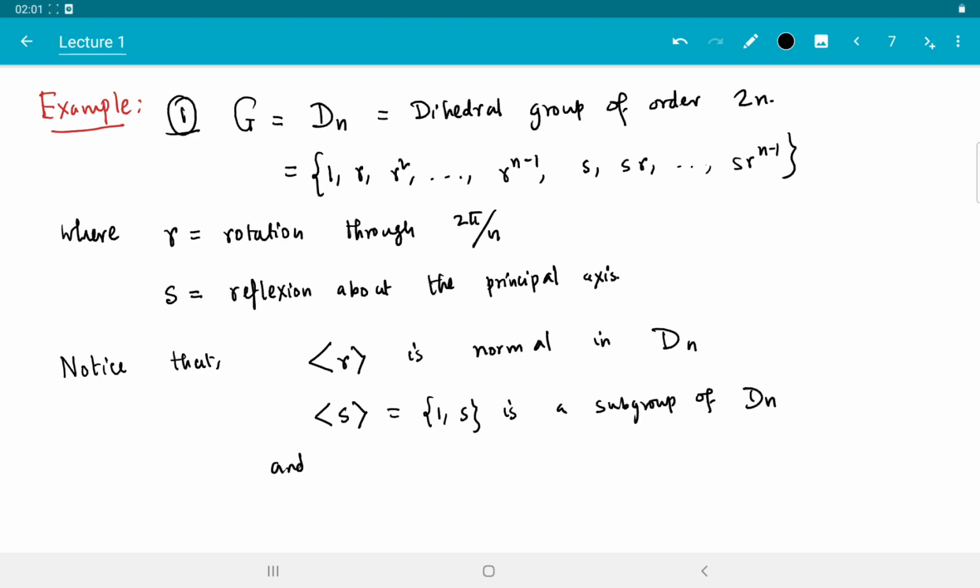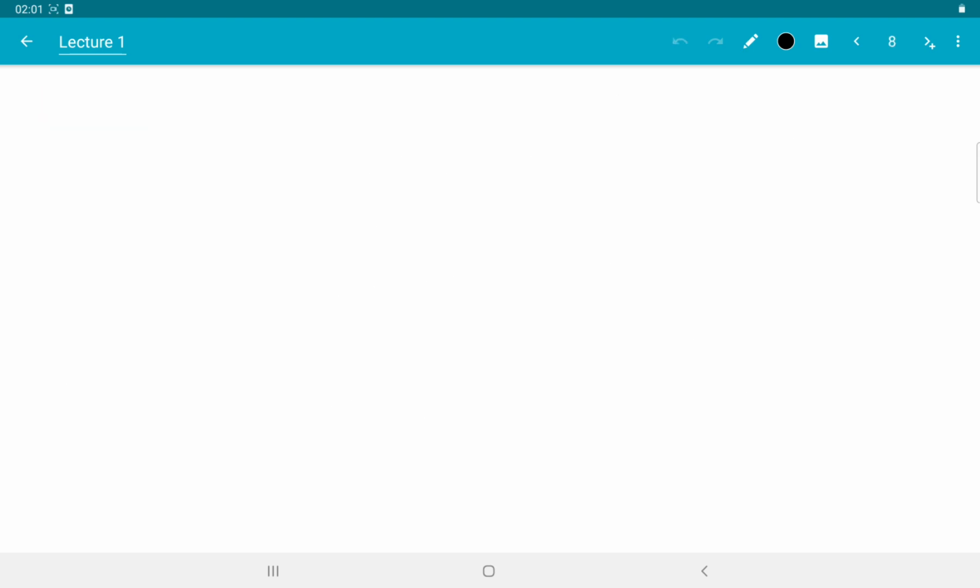And it is easy to check that every element of Dn can be written as a product of two elements from these two groups.